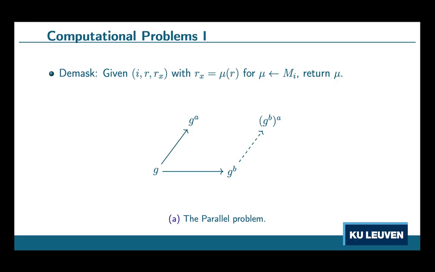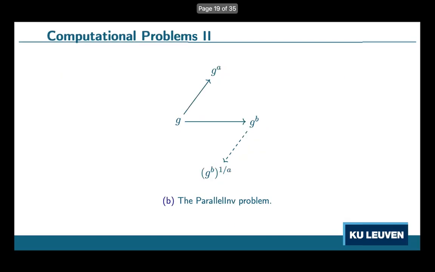So the second problem we have here is the parallel problem. Given the usual tuple g to the a, g to the b, here I'm using discrete logarithm notation to make this very familiar, then the challenge is to compute g to the b to the a. The next problem we have is a variant of the first, and here the challenge is to compute g to the b to the 1 over a.